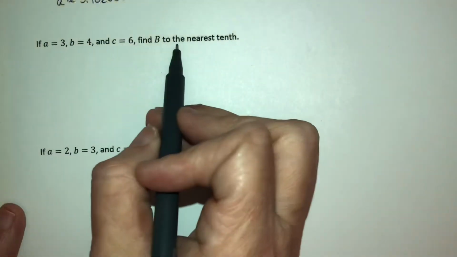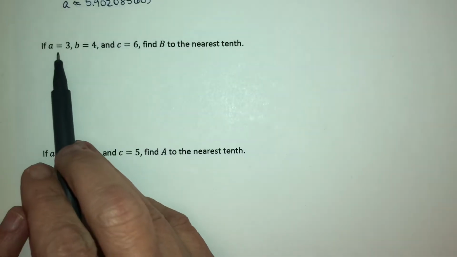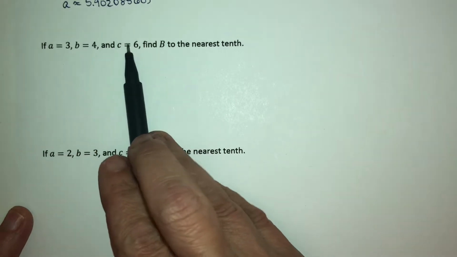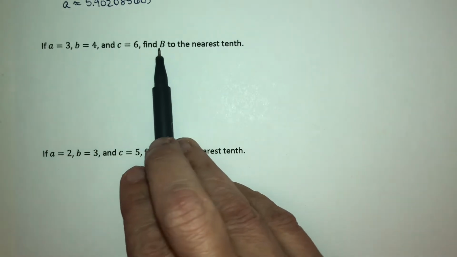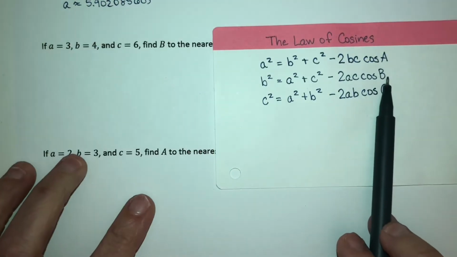Okay, so in this case, we are given side A, side B, side C, and we're asked to find angle B. So if we're asked to find angle B, then this is the formula we need to use.